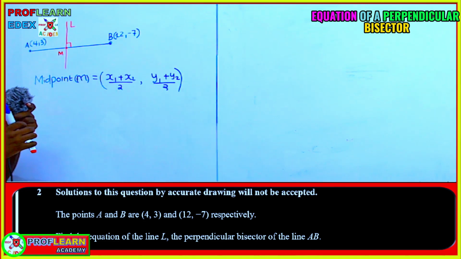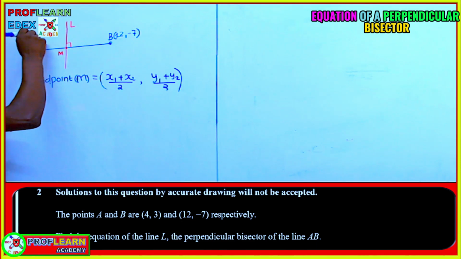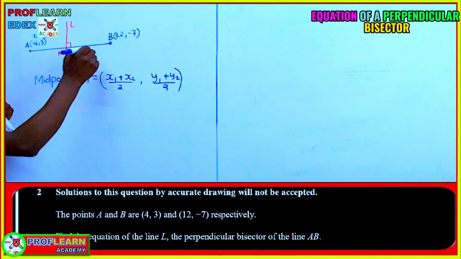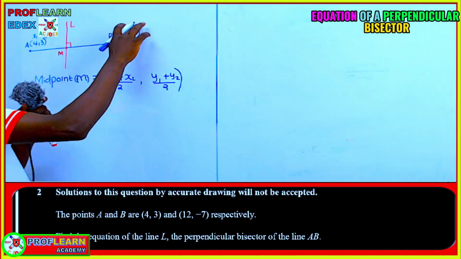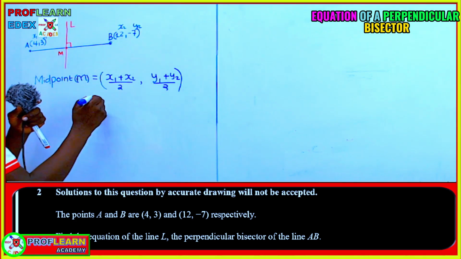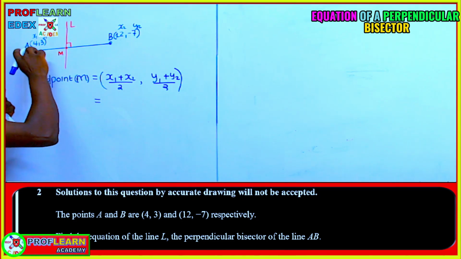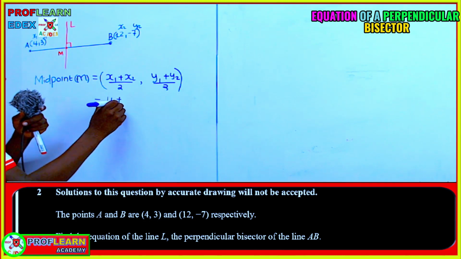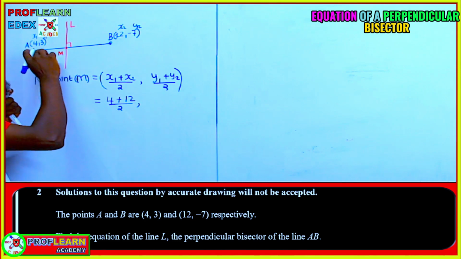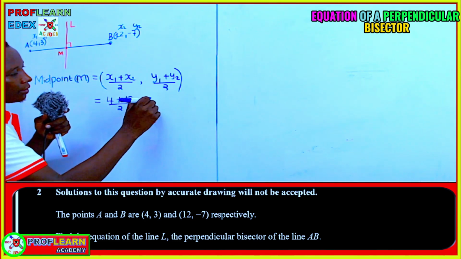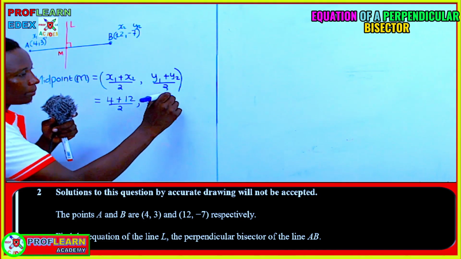We identify these coordinates: this is our x1, y1, and this is our x2, y2, so that we can use them to find the coordinates of the midpoint. This is x1, which is 4, plus x2, which is 12, divided by 2, comma, y1, which is 3, plus y2, which is -7, divided by 2.